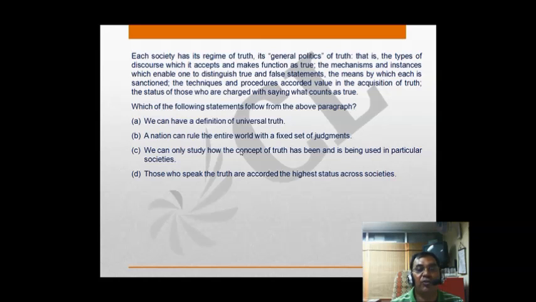We can have a definition of universal truth that can rule the entire world with a fixed set of judgments, or we can study how the concept of truth has been used in society. So it can be only B or C. The ruling has not been there, so I do not know. But the fact is, B or C will be having the thing. But the fact is, the entire world is a little wrong, a particular society is better. So I'll be eliminating C as the answer.